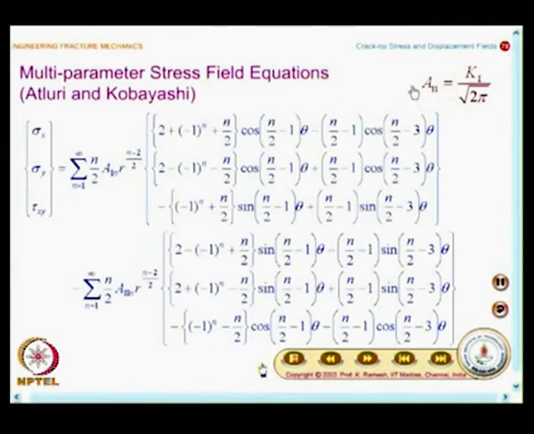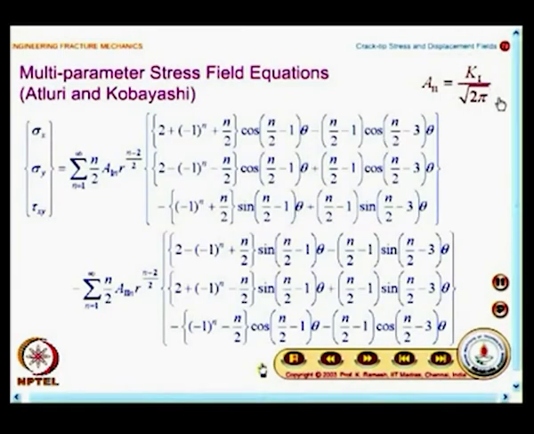I have A11 given as k1 by root of 2 pi, please write this down, and as I mentioned earlier, the terms involving A1 correspond to mode 1 loading, the terms involving A2 correspond to mode 2 loading, and A21 is related to minus k2 divided by root of 2 pi.